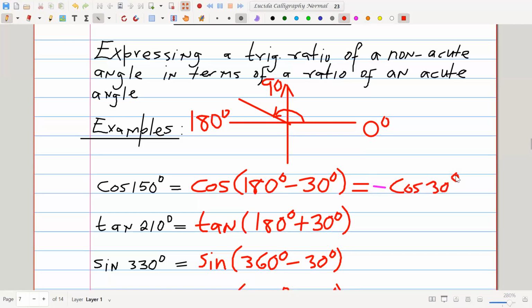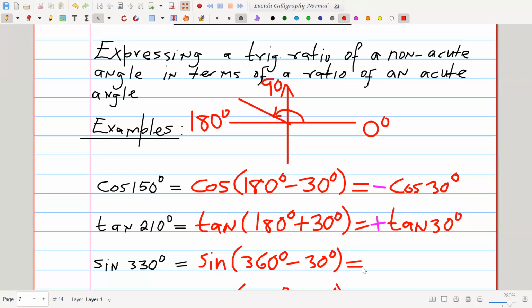The same thing transpires in this next one, which you can think of as the tangent, 180 degrees plus. That would be the third quadrant, and tangent is always positive there. So we can have plus the tangent of that acute angle. You can do it for the next one.